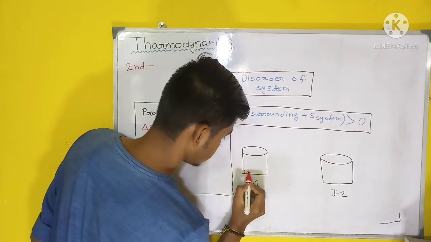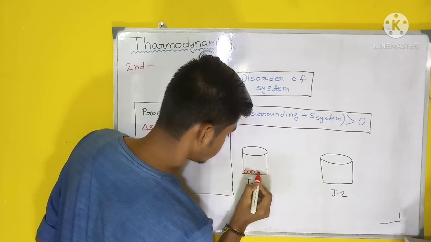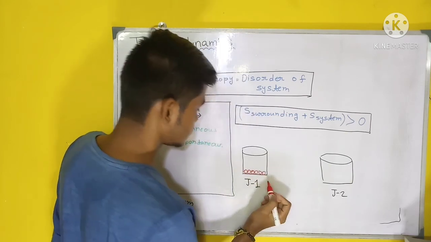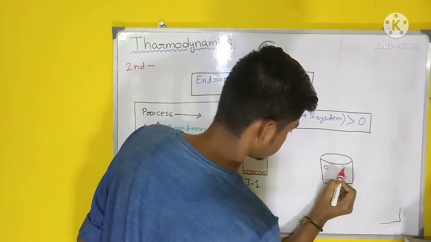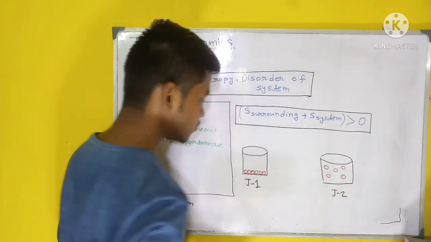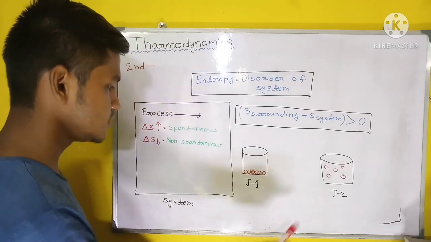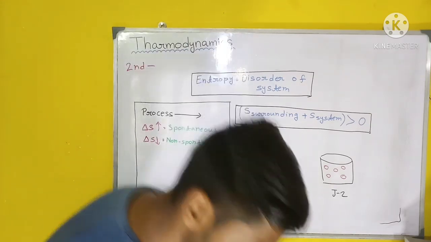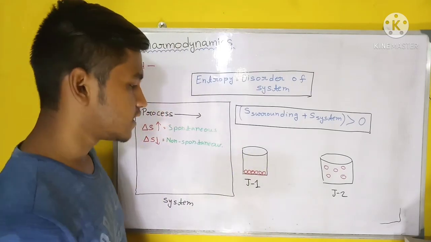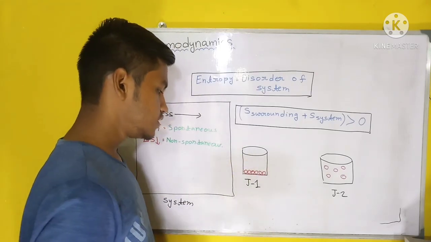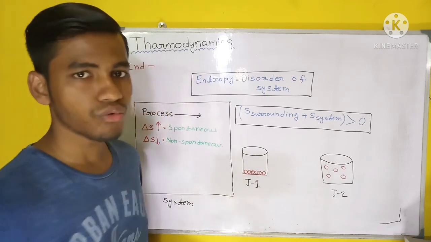There are 6 balls here, and here also some balls. If you look at both jars and notice these balls, you can see that in this jar the balls are in an order.